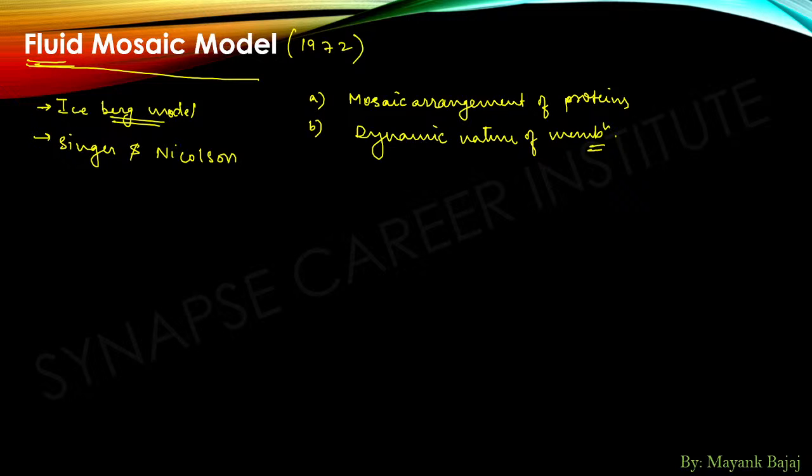Okay, so in brief, what are all the proposals that the fluid mosaic model gave? The phospholipid is a bilayer, which has both hydrophobic and hydrophilic compartments; it is amphipathic.